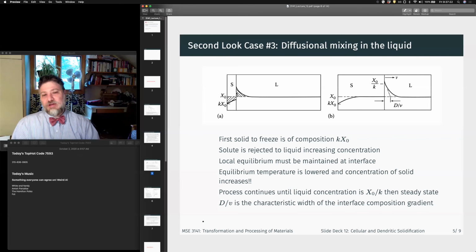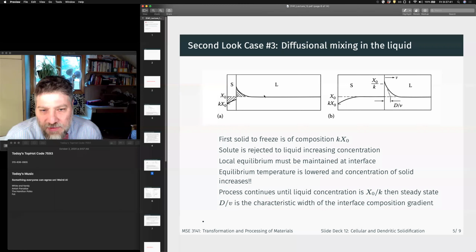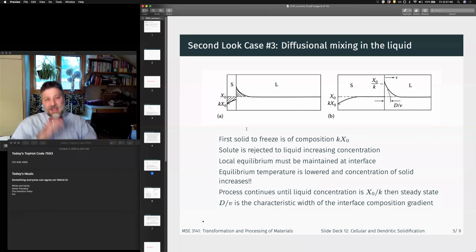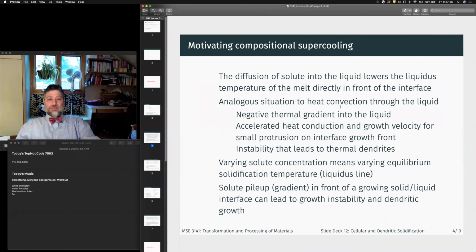So if I grow a little protrusion on this interface, it's now going to grow into a region with a greater undercooling, and it's going to become unstable. We're going to work through that, but that's the high-level overview of why we get these dendritic solidifications.